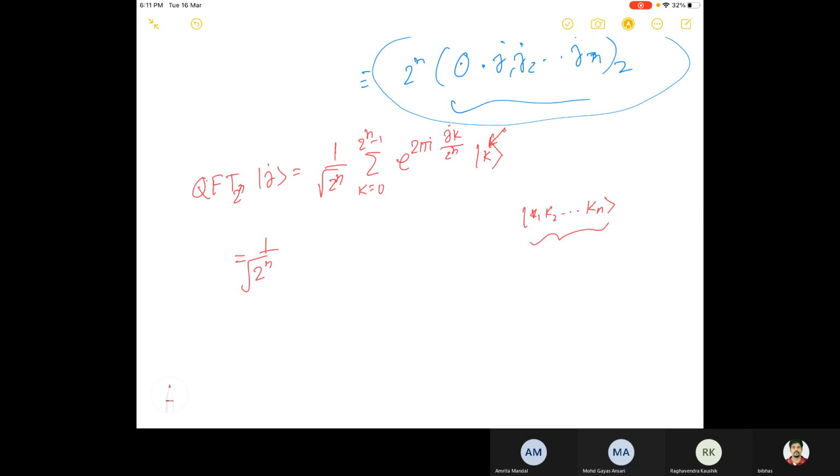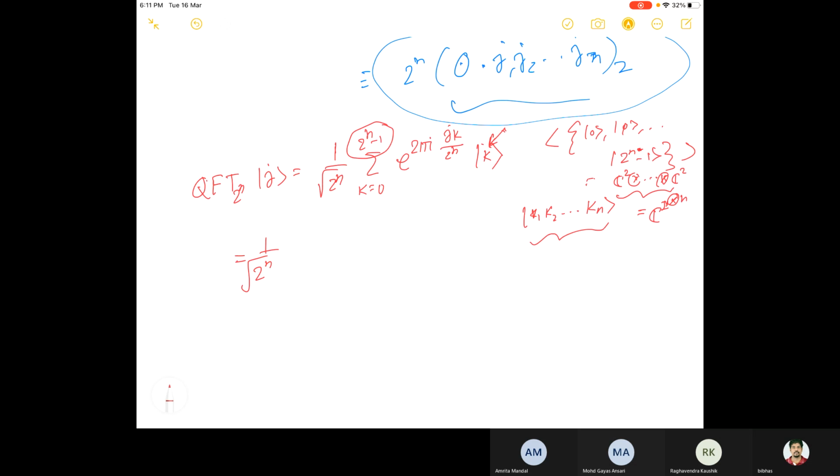So it is of this form k1 k2 dot dot kn, because k runs from 0 up to 2 to the power n minus 1. So this is the basis 0, 1, dot dot dot, up to 2 to the power n minus 1. So this is the basis for C to the power 2, n-qubit space. Okay, C to the power 2, n times, or it is the same thing as saying C square tensored n times.